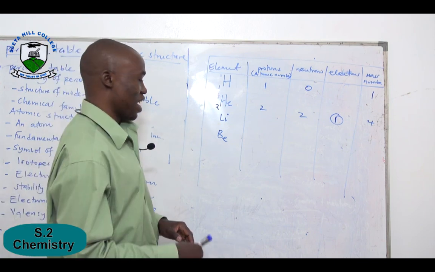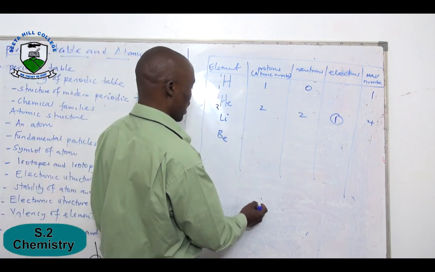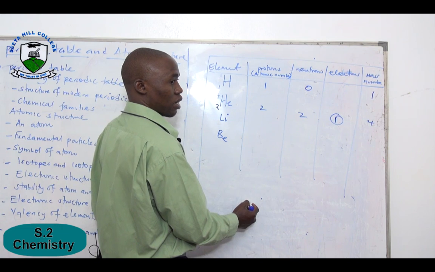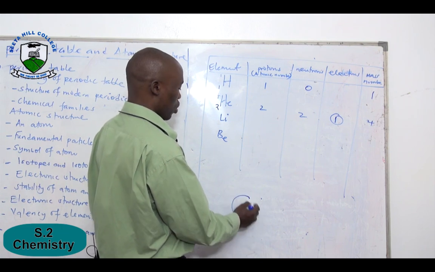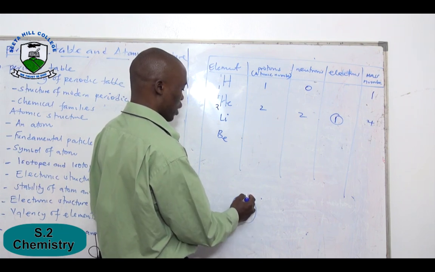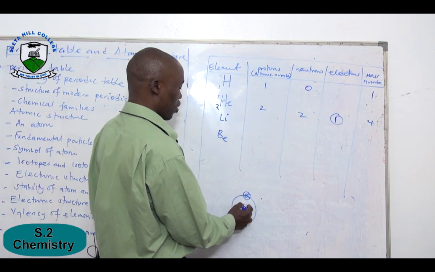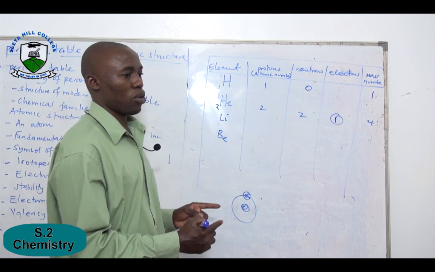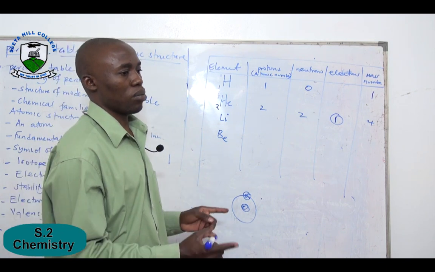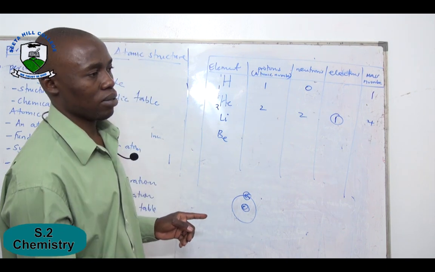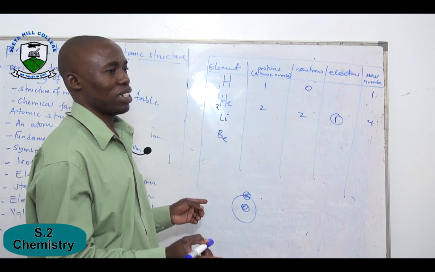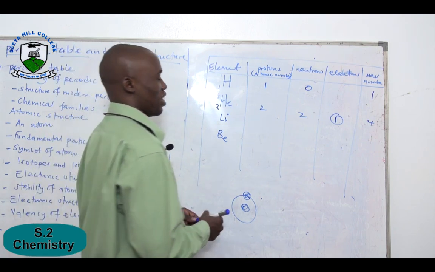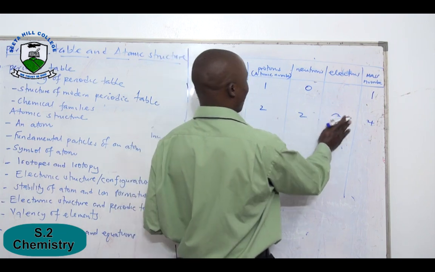See? And we said protons are always equal to what? Electron number is equal to proton number. And since protons were positively charged and electrons are negative, therefore proton number is equal to electron number.